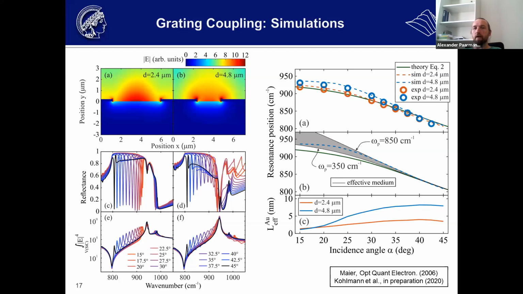Point 2 is, if I see that this mode is dispersing with incident angle as predicted, then I would call it a polariton, because it propagates, right? It has a direction that I know from the theory, and the shifting of the resonance with incident angle is for me a clear indication that this is a polariton.